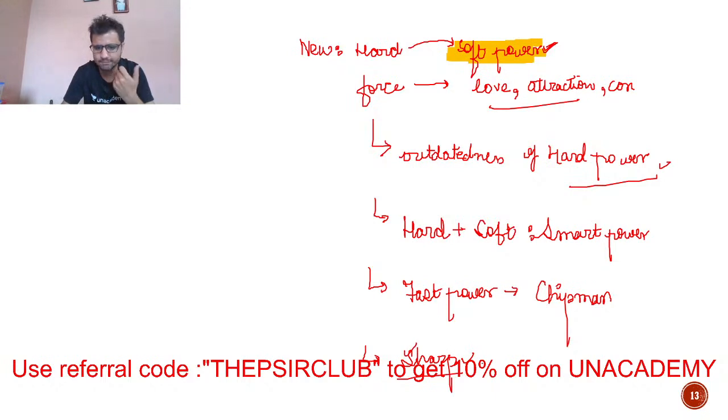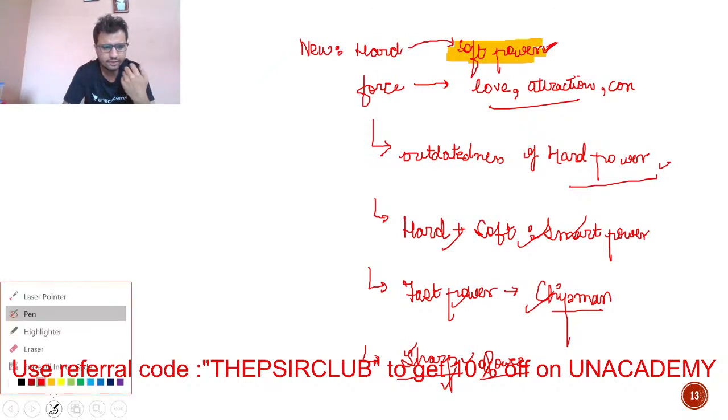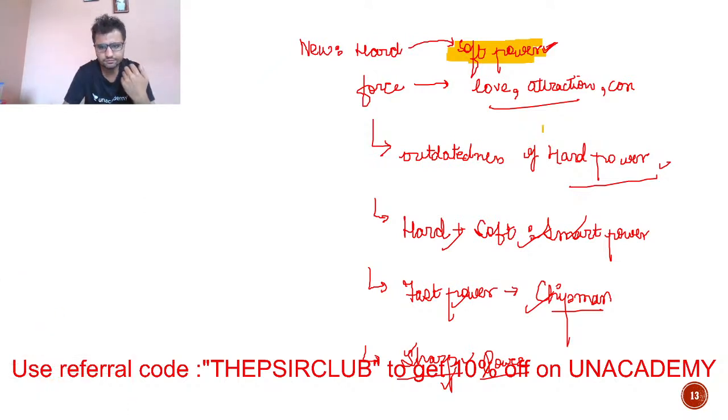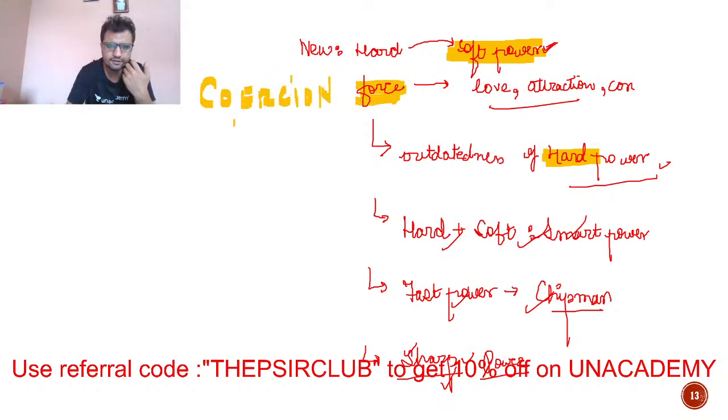So that is how you have sharp power, fast power, hard power, soft power, smart power. This is how the concept of power has been evolving from time to time. Earlier, the traditional concept of power was basically the power of force, also called the power of coercion. But now there is a power of attraction.